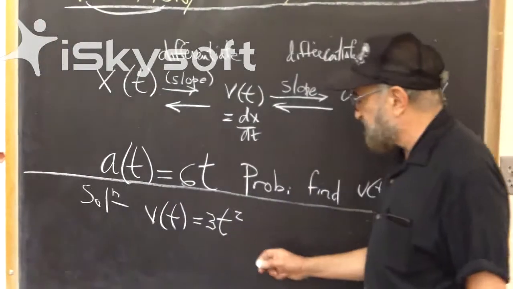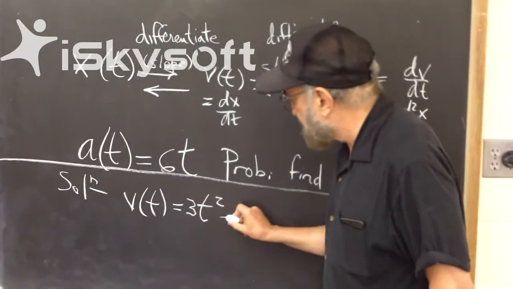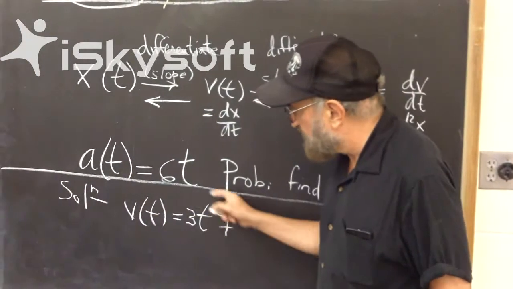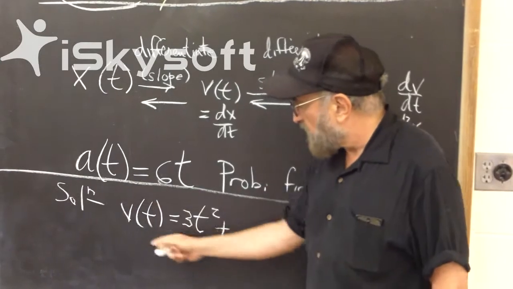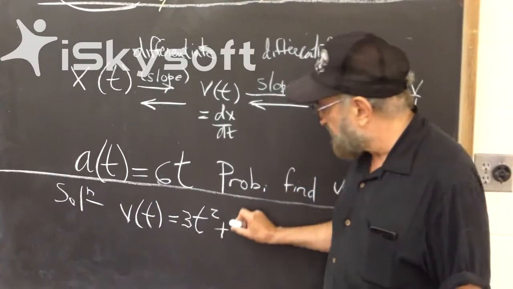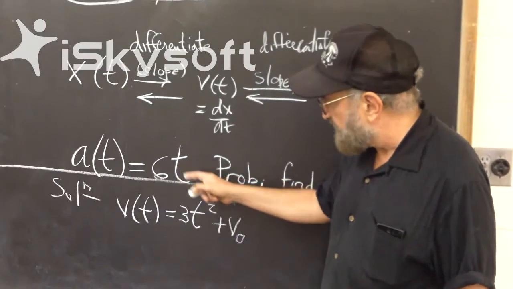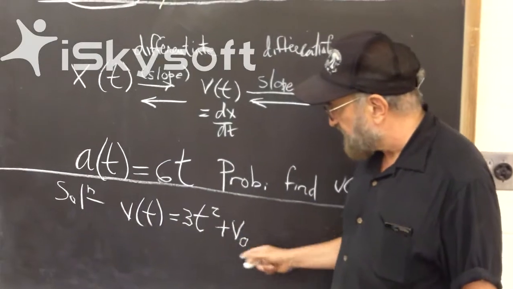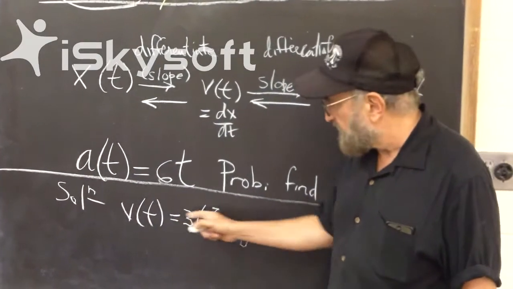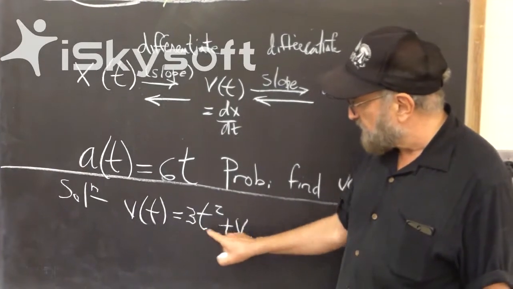3t squared. But that's not enough, because this formula, by the way we constructed it, always gives you velocity as 0 at t equals 0. And so a constant, which wouldn't survive when you differentiate it, because the derivative of a constant is 0, and the sum of two terms has a derivative which is the sum of the two derivatives.